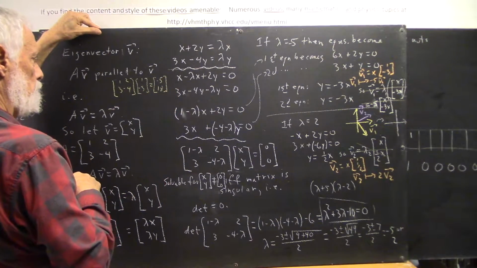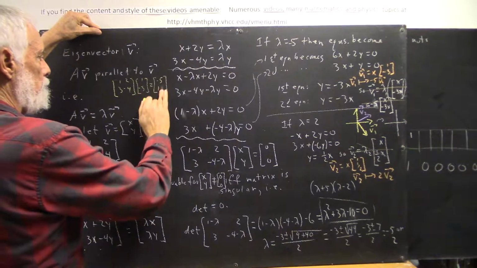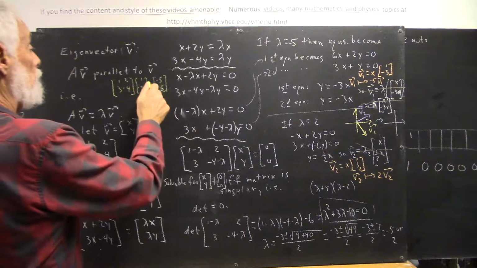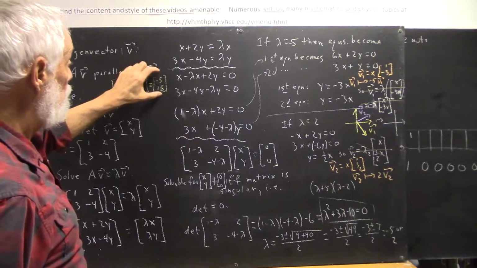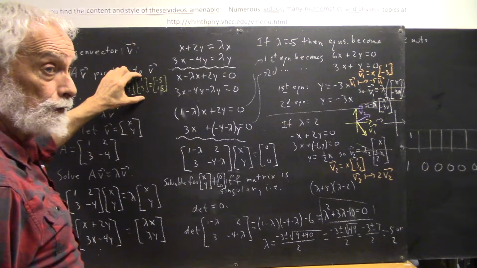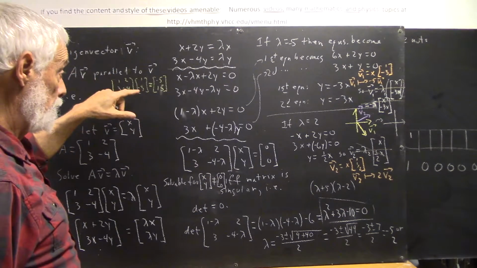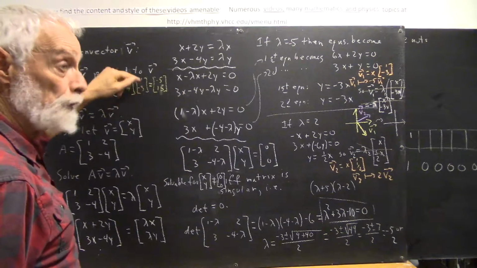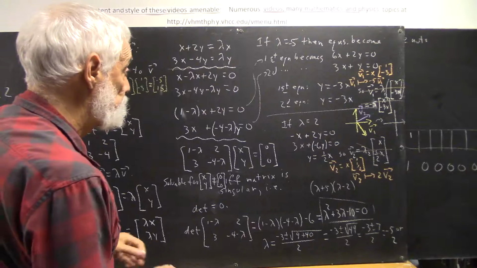No, it isn't. 3 and 12 is 15. Multiplying 3 and 6 for some reason. You never know what's going to pop into my head. Is this vector negative 5 times this vector? Darn right it is. Negative 5 times 1 is negative 5. Negative 5 times negative 3 is 15. So that proves that this is an eigenvector with eigenvalue negative 5.